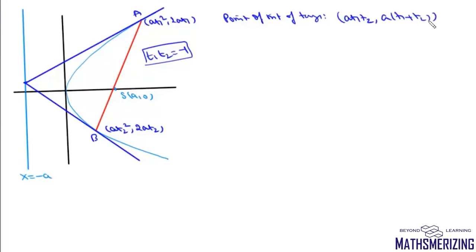Now the question is, if P1, P2 and Q1, Q2 are two focal chords of a parabola which are at right angles, then which of the following is correct? So we have this parabola, which is, suppose, y square equals 4ax.